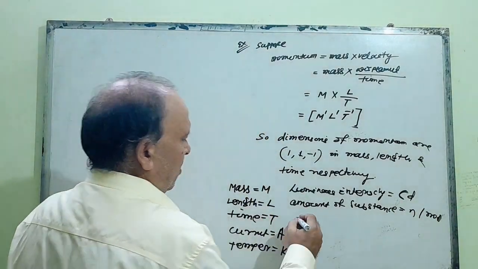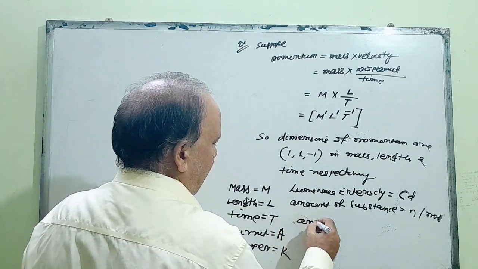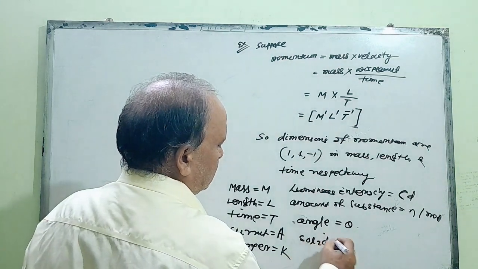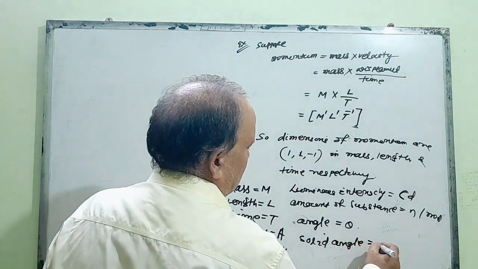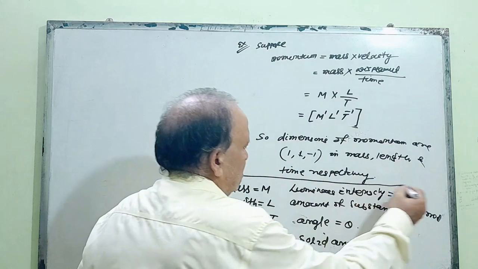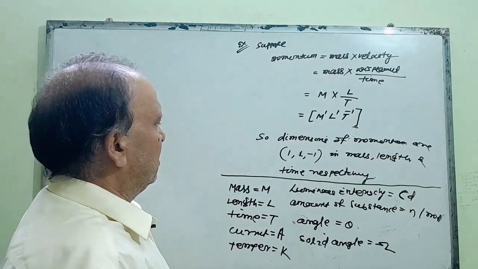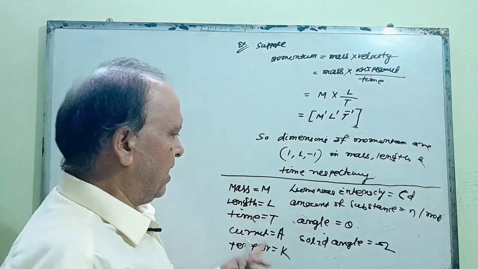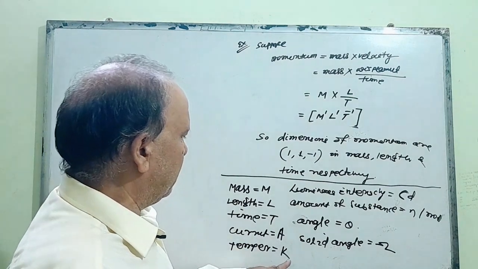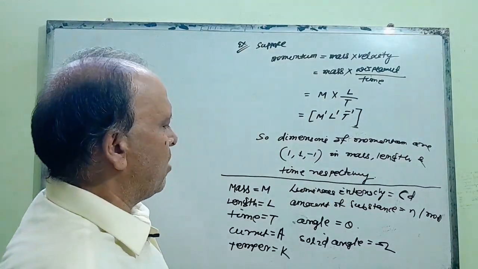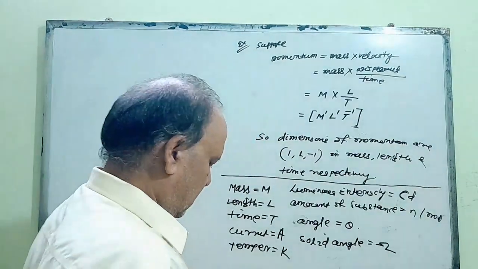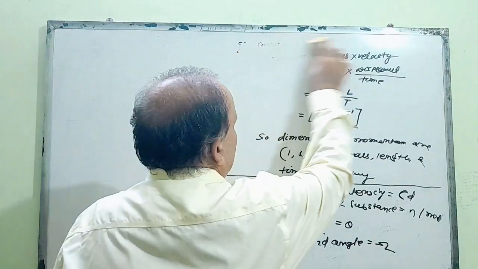Besides those, for angle, we can use theta. For solid angle, we use omega. These are the symbols we can use while we write the dimensions of a physical quantity. Mass, length, time, current, temperature, luminous intensity, amount of a substance, angle theta and solid angle omega. Now, we see what is the dimension.